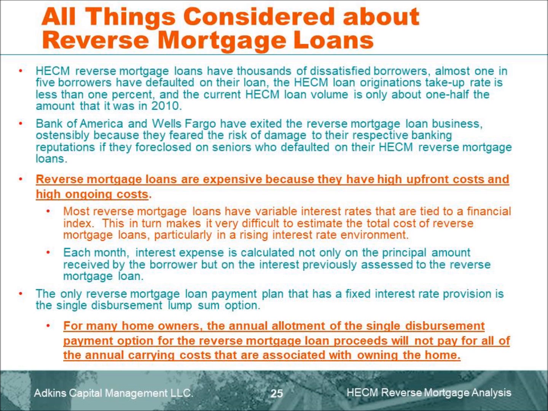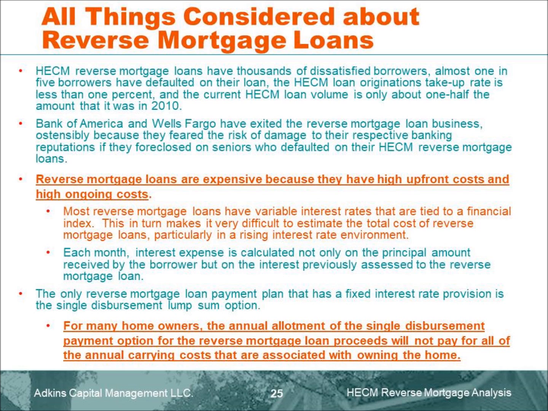Bank of America and Wells Fargo have exited the reverse mortgage loan business, ostensibly because they feared the risk of damage to their respective banking reputations if they foreclosed on seniors who defaulted on their HECM reverse mortgage loans.